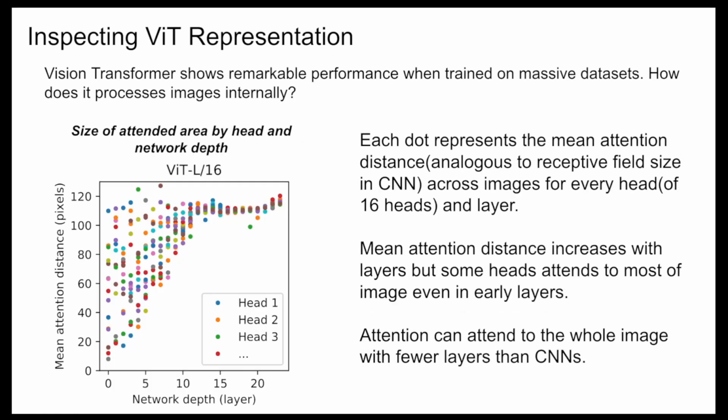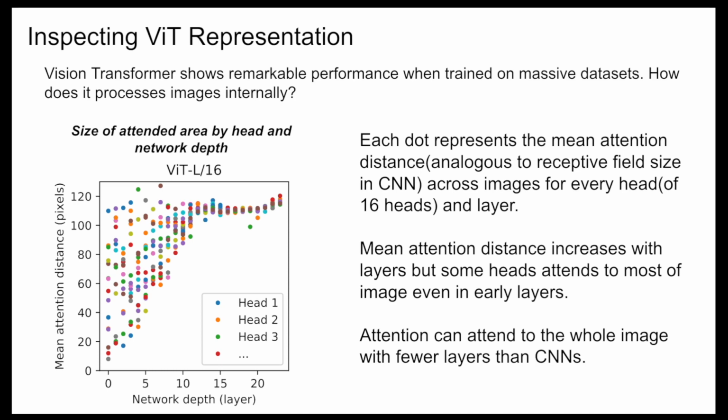Another important thing to look at here is the mean attention distance per network depth. As you saw on the graph, each dot represents the mean attention distance, which is pretty much similar to the receptive field in convolutional networks, across the image for every head and layer.